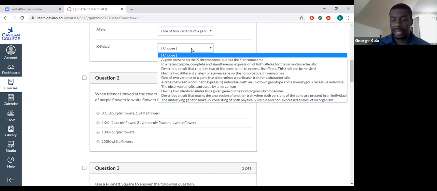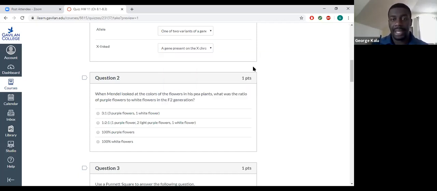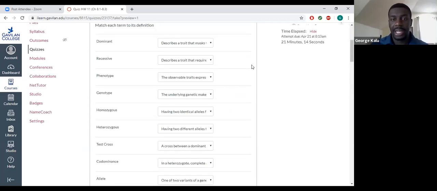Yes, so it's perfect. Okay, good. So everyone's getting this one. So it's going to be a gene that is present on the X chromosome, but not on the Y chromosome, right? So we call that an X-linked gene because it's only located on the X chromosome. Perfect. Okay, any questions on any of these definitions before we go forward here?